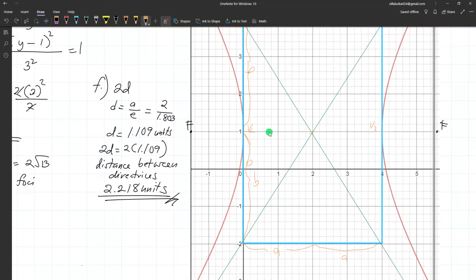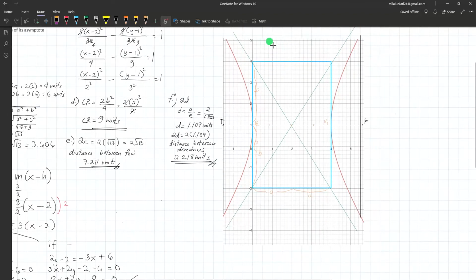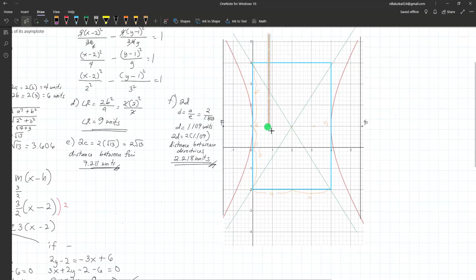Same way here, 1.109 is about that distance. So if I draw another line from that, we can draw the directrix. Same way, right here, I draw a line there.